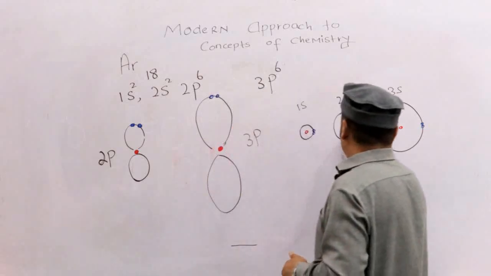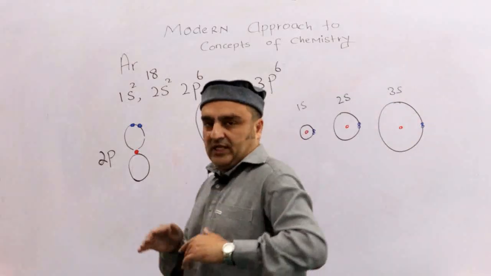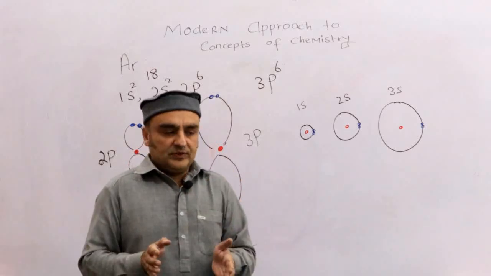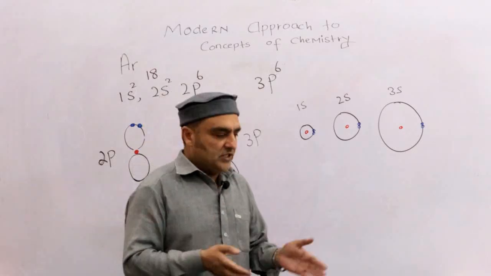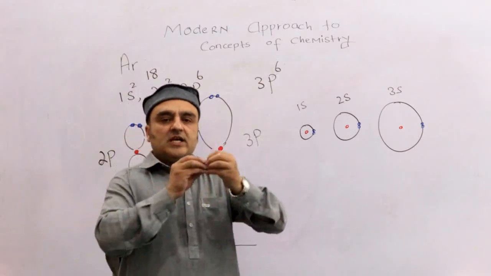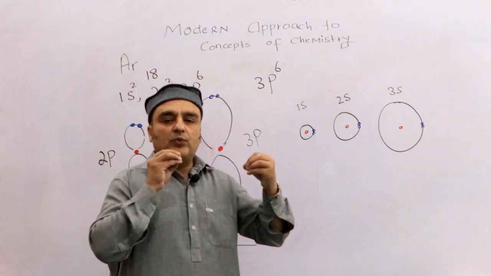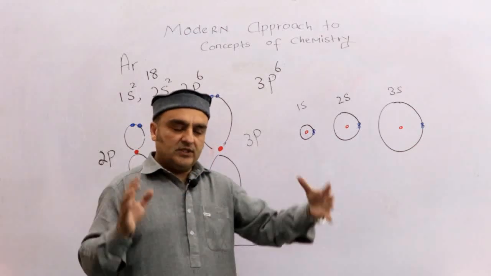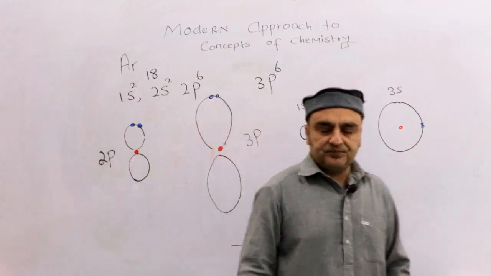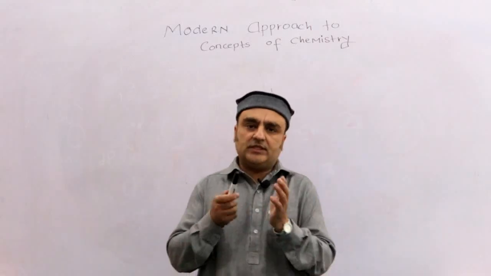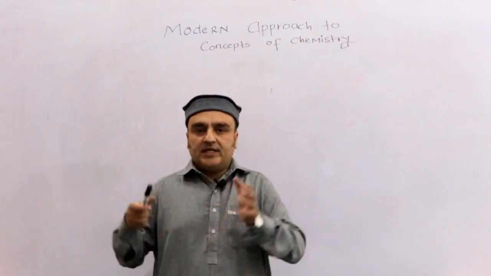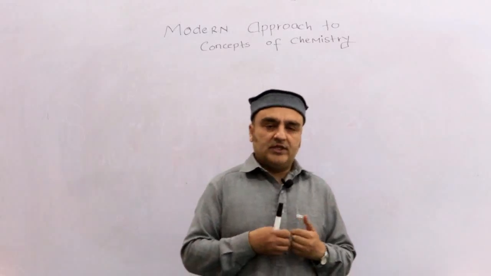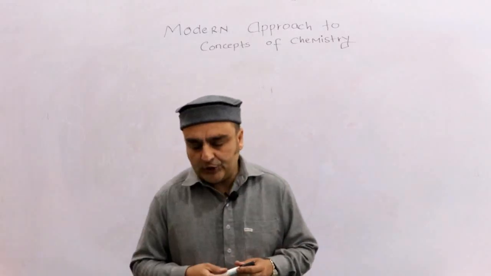Again, in 1s, 2s and 3s orbitals, you also learned that they have lower and higher energies. What we learned from these two examples is that when positive and negative charges are farther away from each other, they have larger energy. Their energy increases.